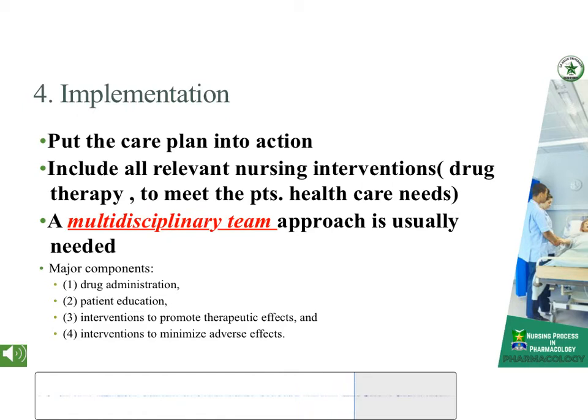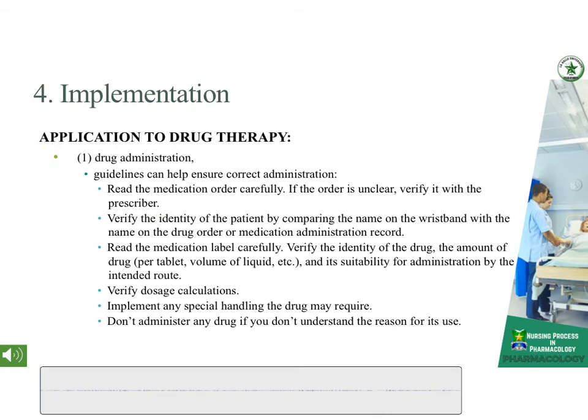Implementation consists of four major components. We have the drug administration, the patient education, the interventions to promote therapeutic effects, and the interventions to minimize adverse effects. Under the application of nursing implementation in pharmacology or drug therapy, we have the drug administration, or the dosage and administration.